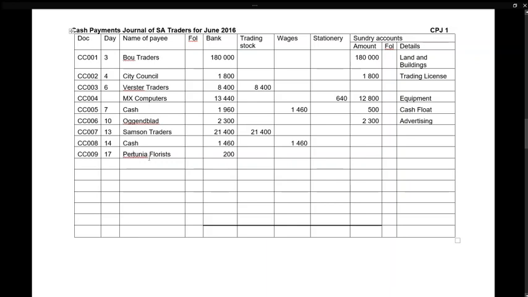That did not look right, but there it's fixed. 200 Rand. Okay, for what reason did we pay them 200 Rand? Not for trading stock, not for wages, not for stationery, therefore other transactions or other accounts, 200 Rand. And the account it will go to is drawings, okay, because it's personal.